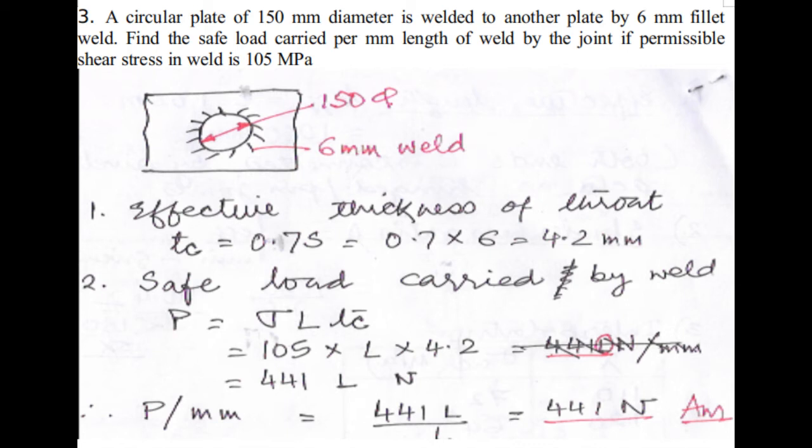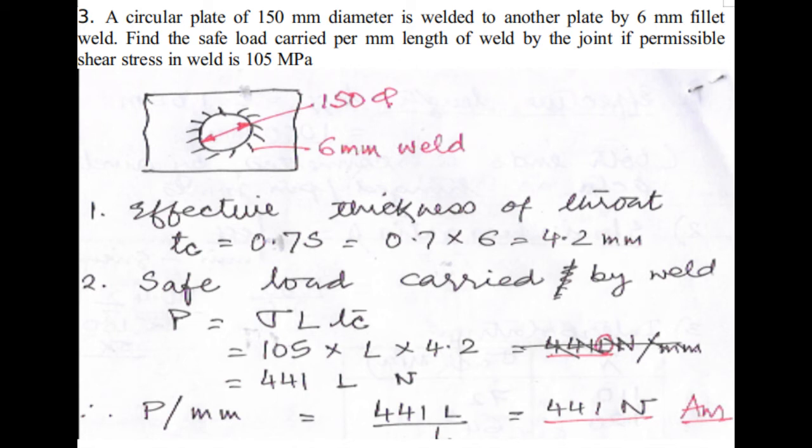Now the safe load carried by the weld, the formula is P equal to sigma L into TC. Sigma value is given as 105. L we do not know in this problem, that is, the total length of the weld, but TC we know as 4.2 millimeter. So it comes out to be 441 L Newton.